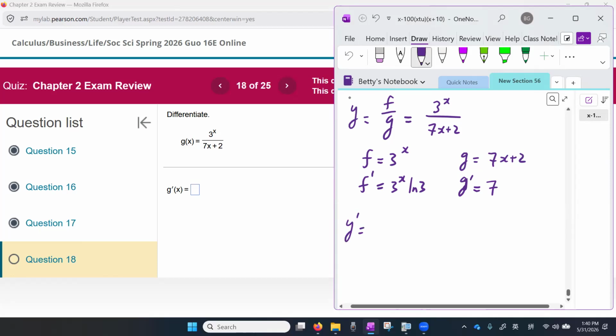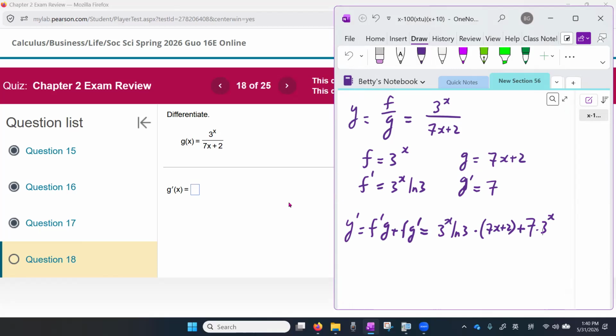So y prime equals f prime g plus f g prime. F prime g plus f g prime. Can we just enter like that? I think it's okay.